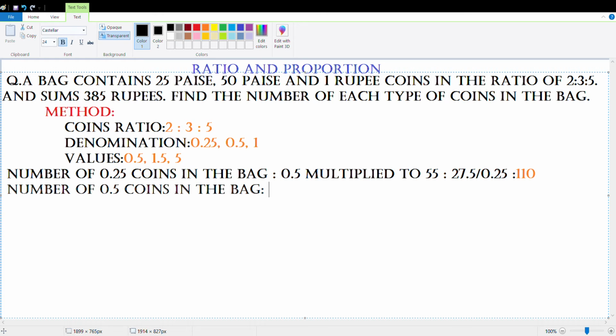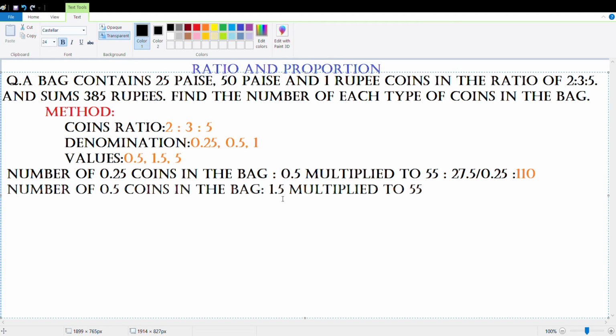So we write the value of 0.5 and 3 as the numerator. That would be 1.5, and the denominator would be as usual 7, and this would be multiplied to 385, as that's the total value. Now again, 7 goes into 385 55 times. We cancel that out and we take this out.